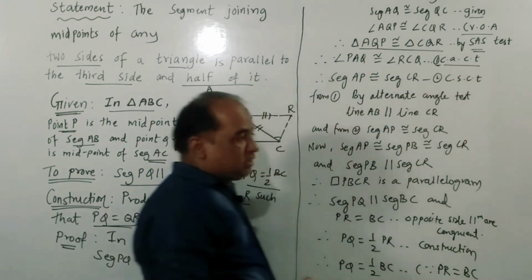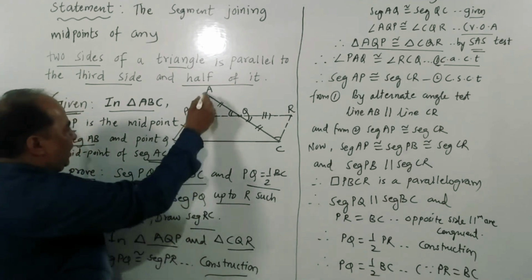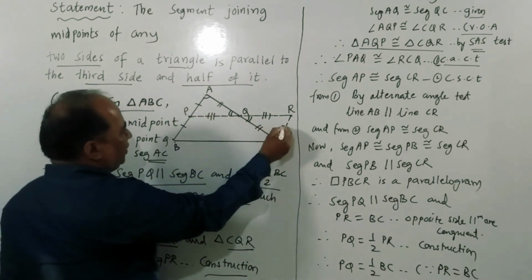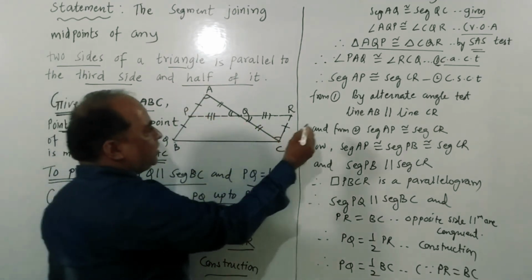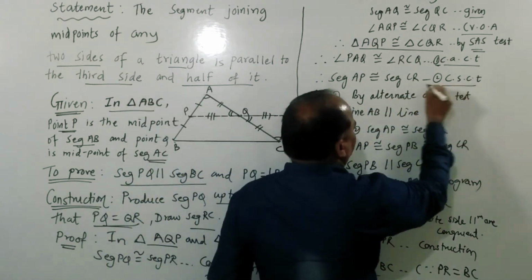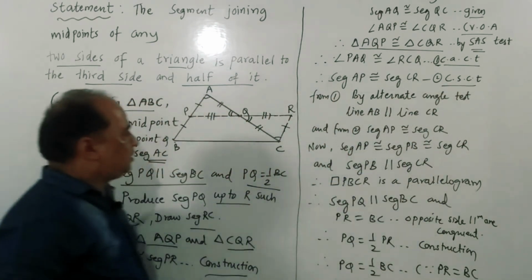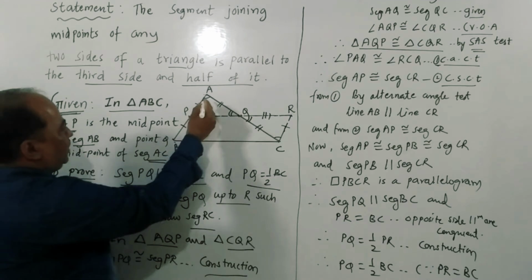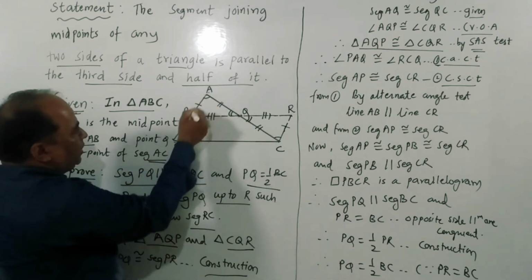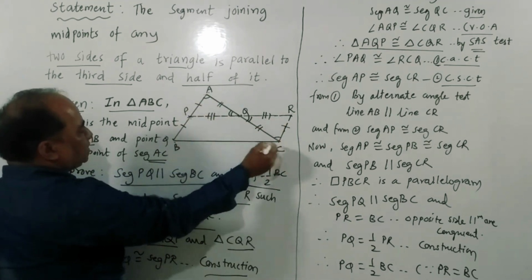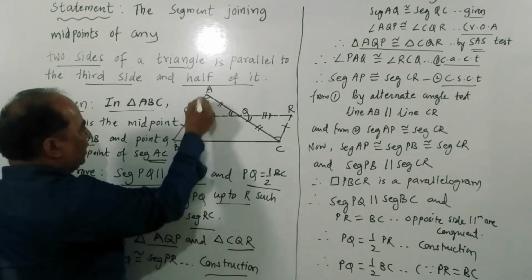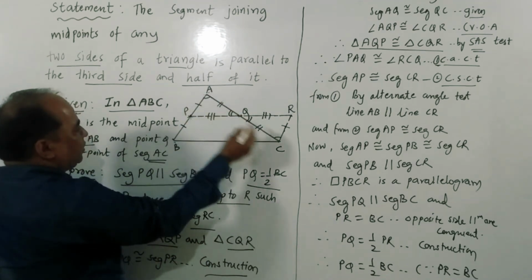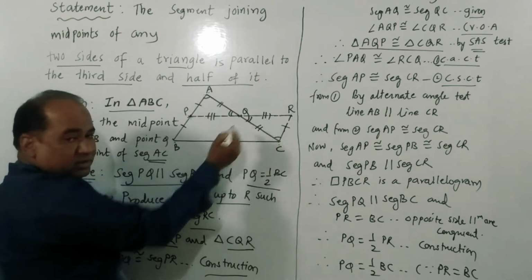Statement number one. Then segment AP is congruent to segment RC, corresponding sides of congruent triangles. This is statement number two. Now this angle PAQ is congruent to angle RCQ.